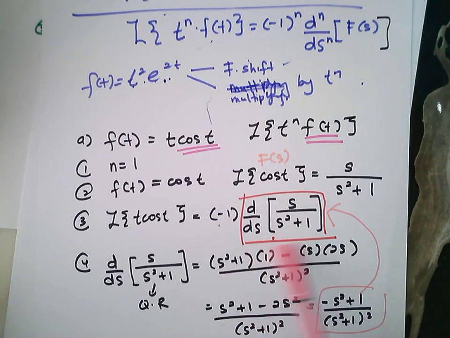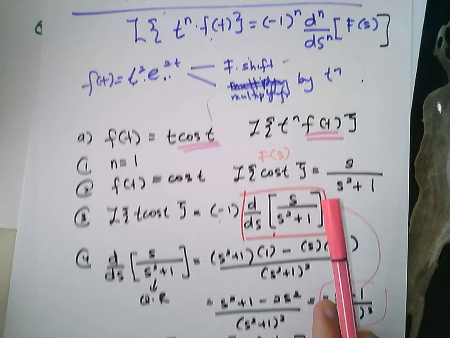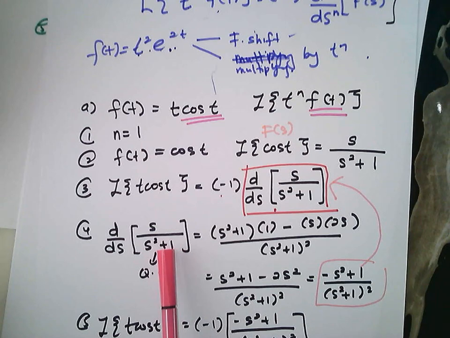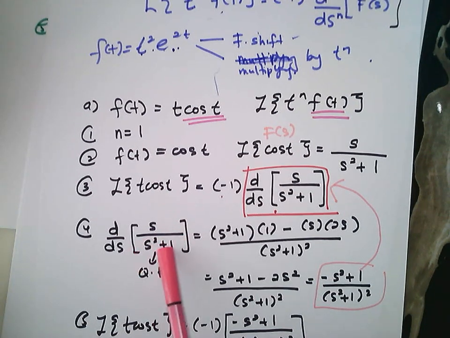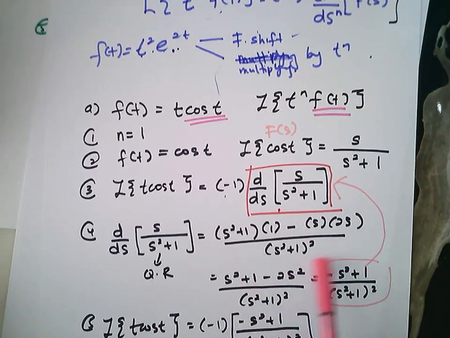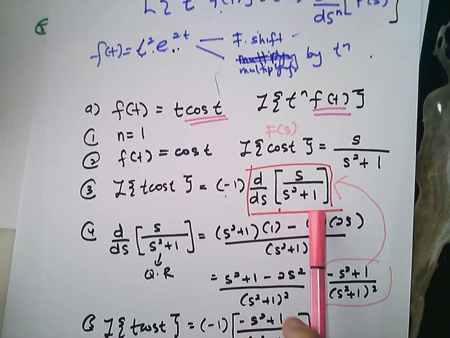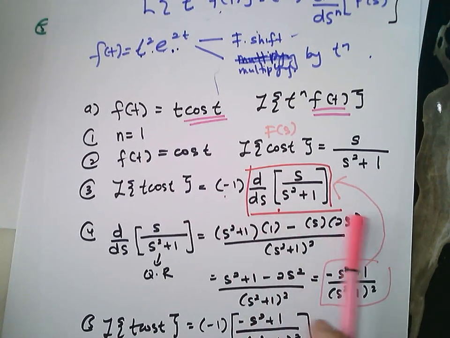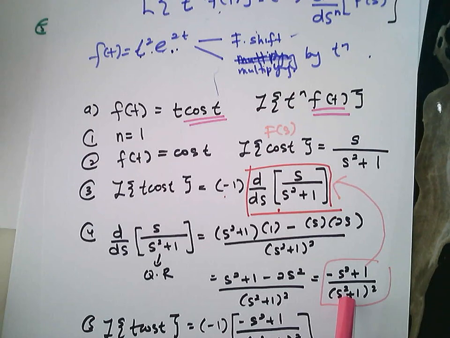For this part, you need to differentiate, but remember, since this is s over s squared plus 1, you have to apply the quotient rule. Let the denominator be your v and the numerator be u, so applying the quotient rule will give you this one. Expand and simplify the numerator part only, so therefore you have this function.